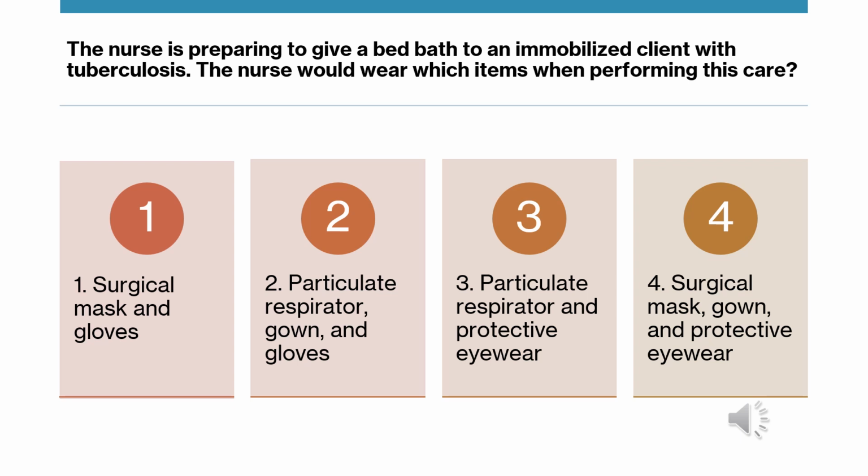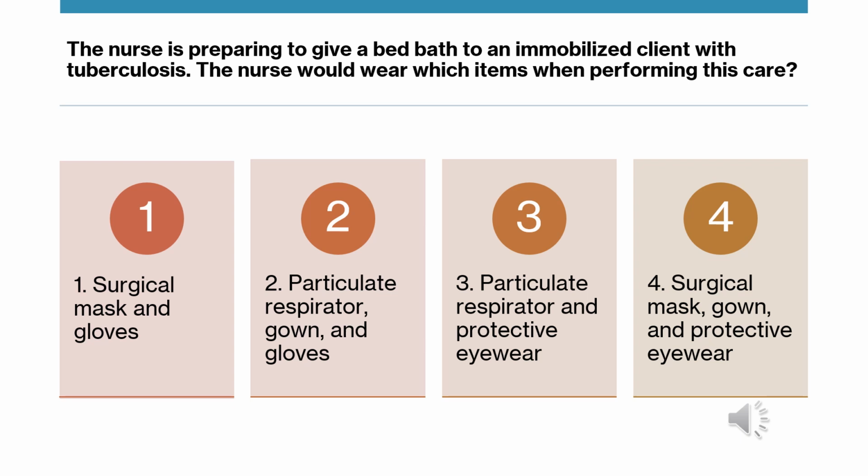If I feel like there could be splashing in my eyes, for example, if I'm doing trach care and they're coughing and the sputum could get in my face, then I might wear goggles or protective eyewear. So standard precautions are always in place, no matter what type of transmission-based precautions they're on, or even if they're not on transmission-based precautions.